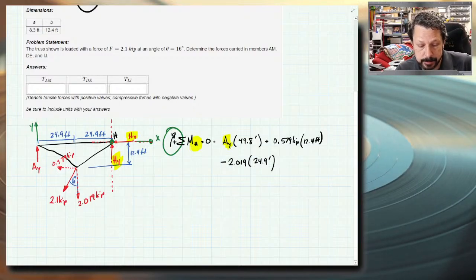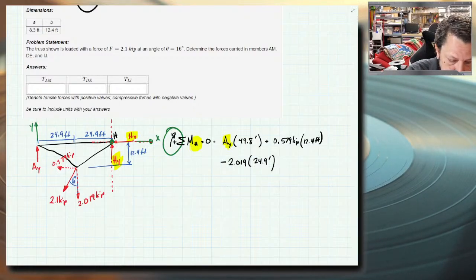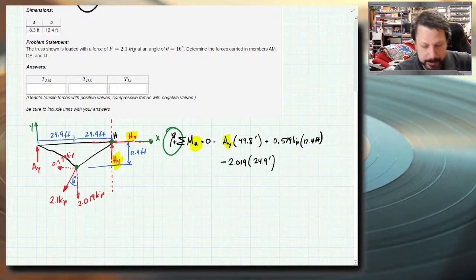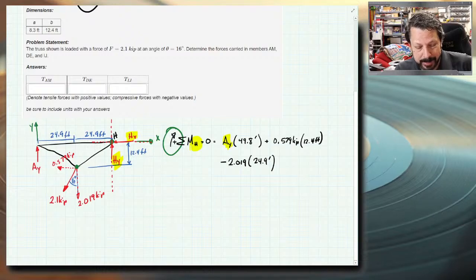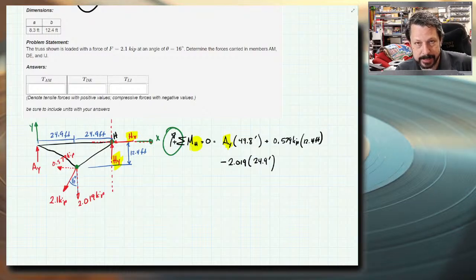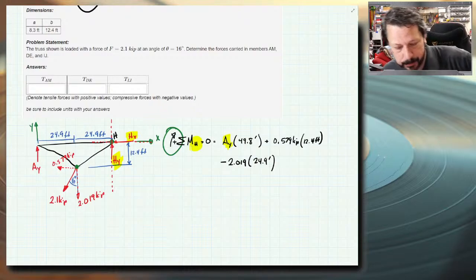If I had chosen some other point, like if I chose this point, that'd be really bad because all I'd have were unknowns. I would have AY, HY, and HX all show up in the equation trying to create moments about this point. I don't even know what that letter is. And I wouldn't have any known values. So there is a strategy on which point to pick, but you can pick any point that you want.